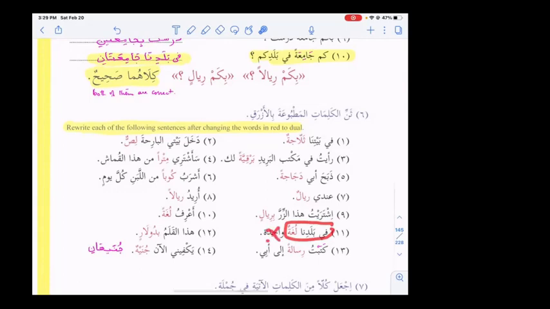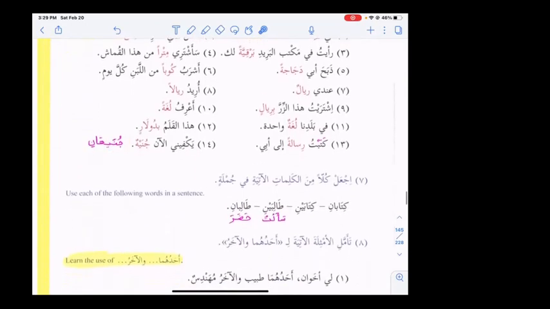Don't worry about this. هذا القلم بدولارين. كتبت رسالة إلى أبي. So you will say كتبت رسالتين إلى أبي. يكفيني الآن جنيه. You will say يكفيني الآن جنيهان. This is the fail for كفى يكفي. Enough for us is 2 pounds.